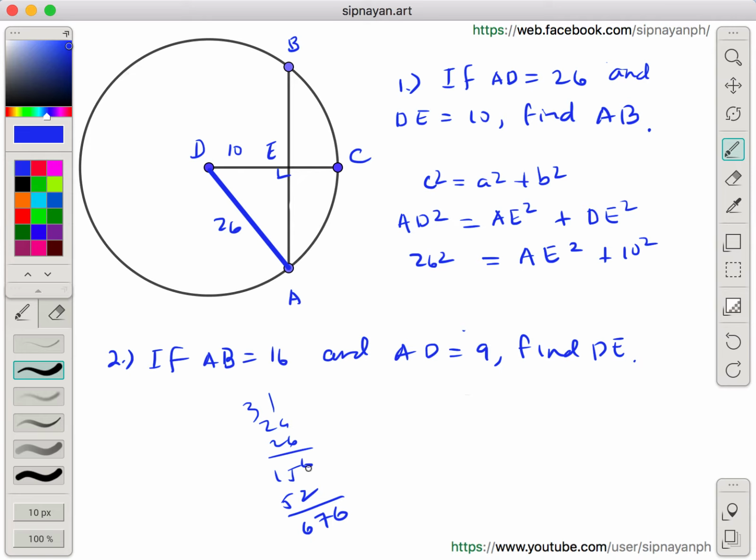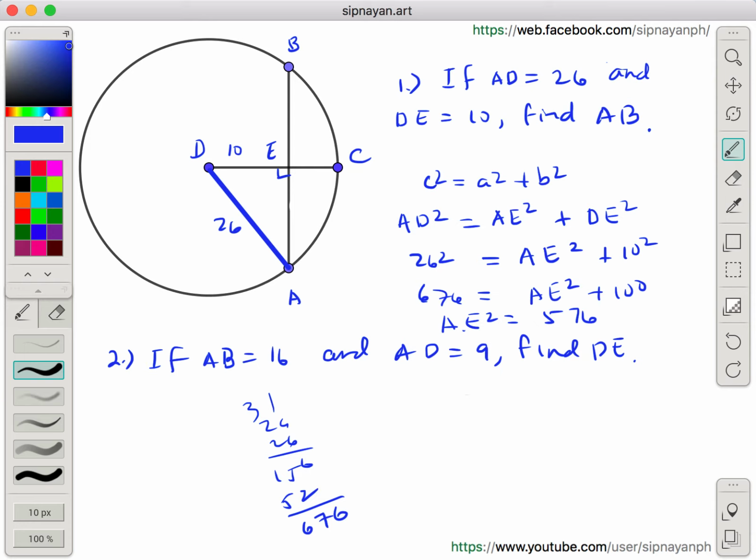So 6 times 6 is 36 carry 3, 6 times 3 is 18, 6 times 2 is 12, 15. And then we have 2 times 6 is 12, carry 1, times 2, 4. So 676. Okay? So this is 676 is equal to AE squared plus 100. So meaning AE squared is equal to 676 minus 100, no? Pag nag-minus tayo ng 100, both sides, we have 576 na matitira natin dito. And that will be the value of AE squared. Binaliktad ko lang silang dalawa.